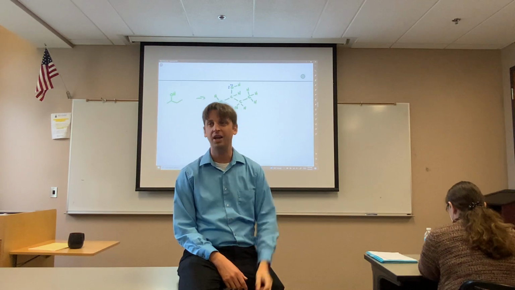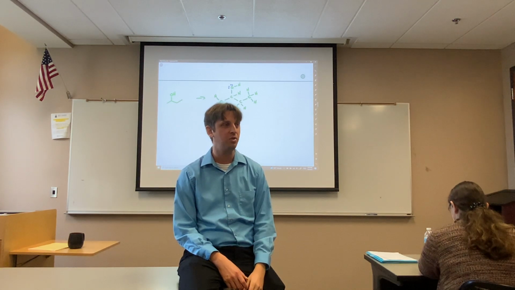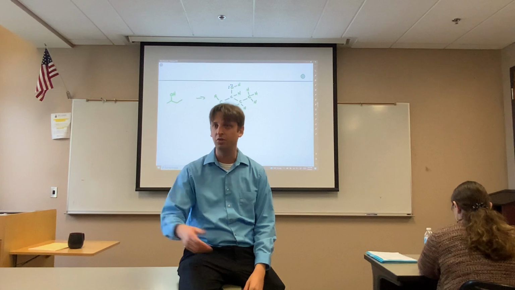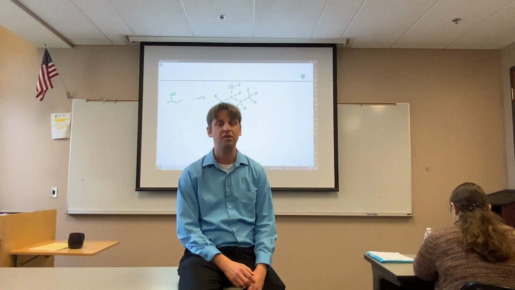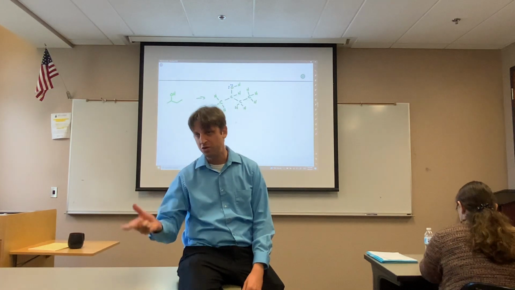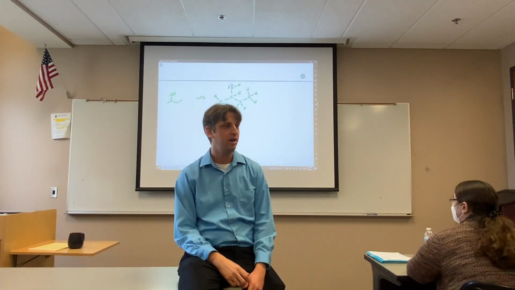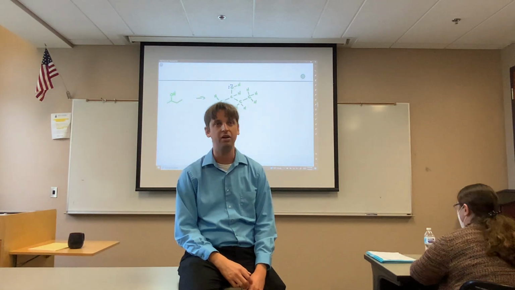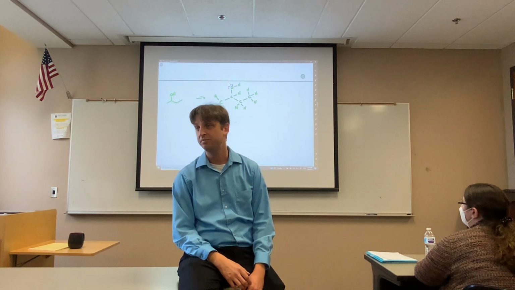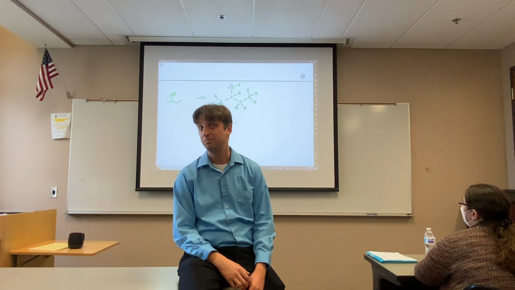What's the only way we can get a 0 formal charge on an oxygen with 2 bonds? We have to have 2 lone pairs on it. This is important. Usually it would be in your best interest to just draw those lone pairs there. Why? Because it keeps us from forgetting.